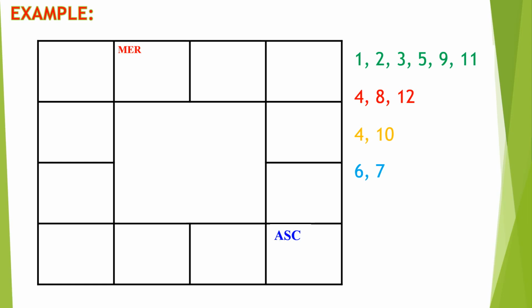So here the ascendant is the Virgo ascendant. Here Mercury is the Dasha Lord. Here Mercury is in the 8th house. So here the Dasha Lord will not give any delay or obstruction in enjoying or benefiting the first, second, third, fifth, ninth, and the 11th bhavas.